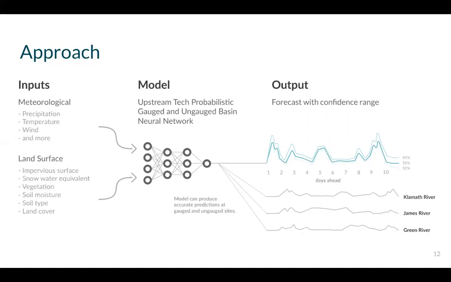At the core of our model, we use a statistical-based approach that is a particular type of neural network designed to work very well on sequence data, so data that comes over time. What's important about that is that it allows the model, when it's making a forecast for today or tomorrow, to have the history and take into account what's happened in the past.